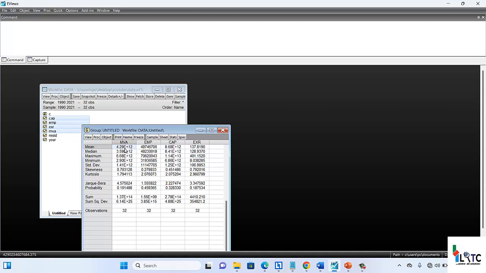So when you notice that the mean of the manufacturing value added of Canada is greater than the mean for Nigeria, you can then interpret the results as, okay, the average value of manufacturing value added for Nigeria is low compared to that of Canada. In other words, the value added to manufacturing products in Canada is higher than that of Nigeria.